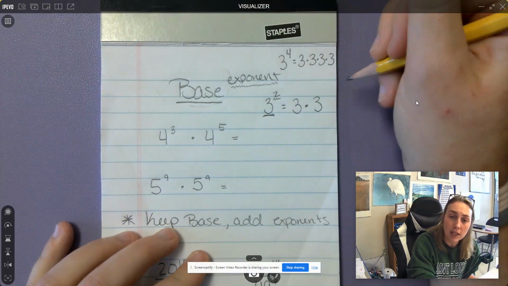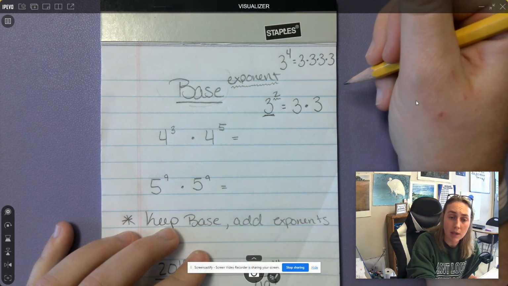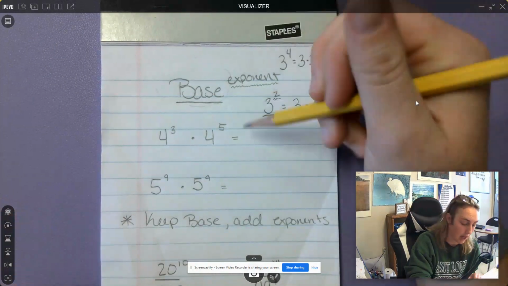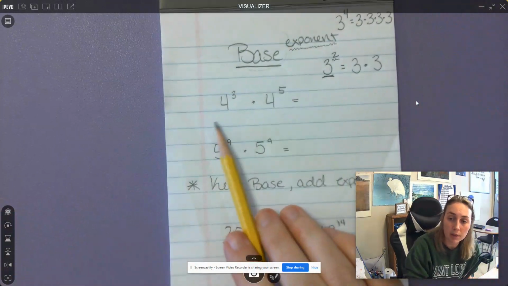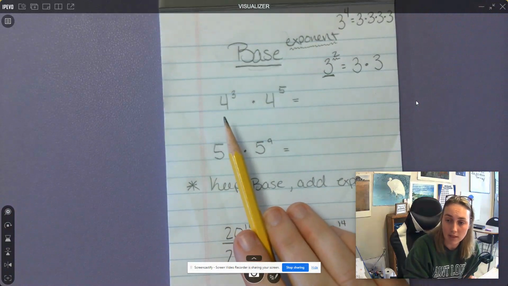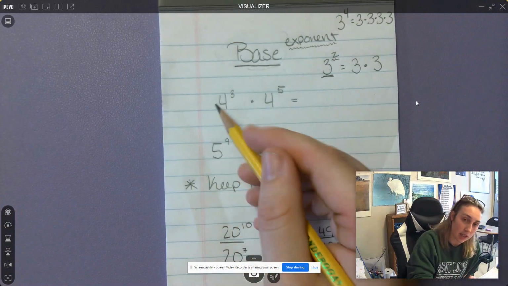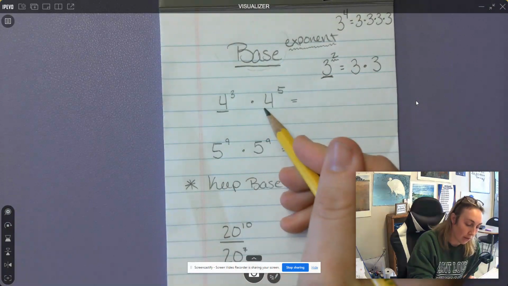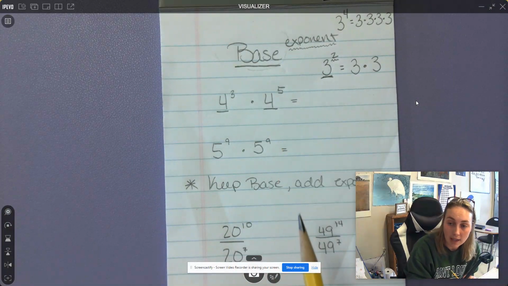So what we're going to be learning today is what happens whenever you are multiplying, like this question right here, multiplying exponents with like bases. If you look right here, the base for this question is going to be 4 for both of these. That means they have like bases.